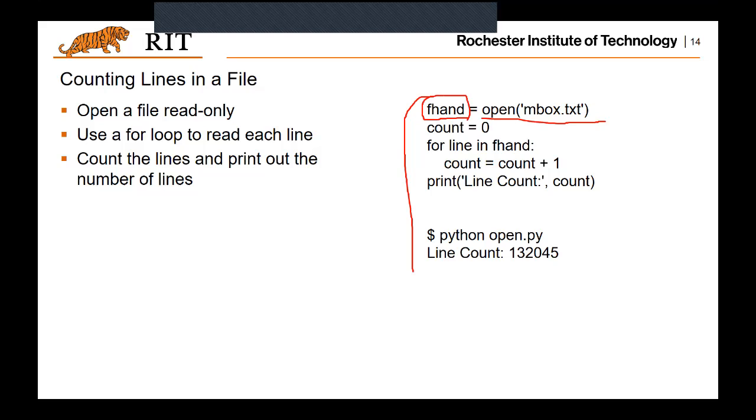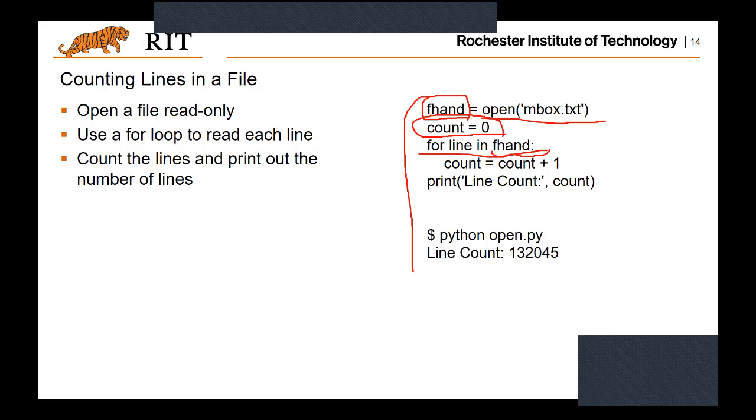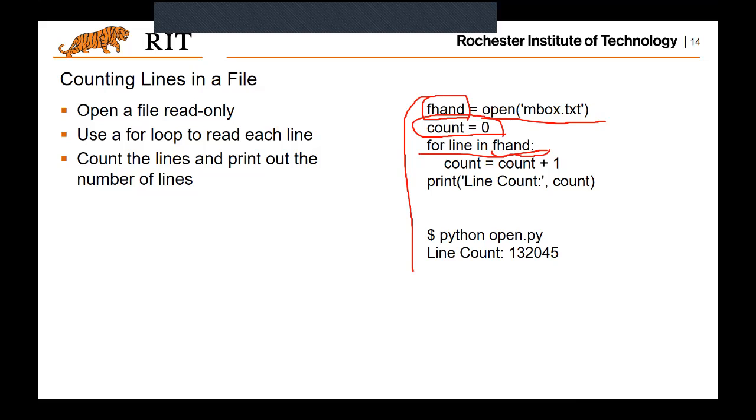This is representing the handle, and we have another variable used to keep the line count. Then we start a loop for each line in a sequence of strings. We add 1 to the count of lines, and we will have the overall number of lines in the file and print it out.